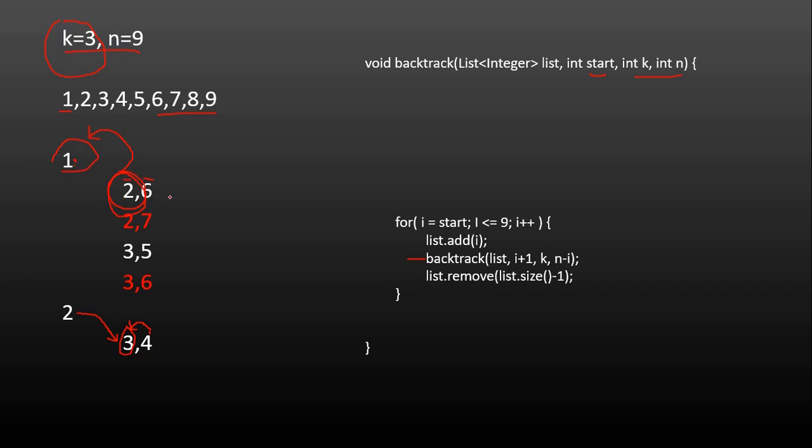It should start from there. So that's what I'm doing here. My second digit is the next digit of my i, so i + 1. Okay, now since I chose this, this number should be subtracted from my n value, from my final target that I have. So I'm subtracting i from n here, okay, and I'm keeping k as is.